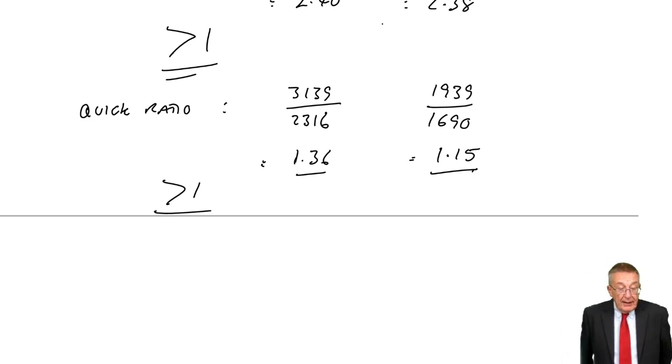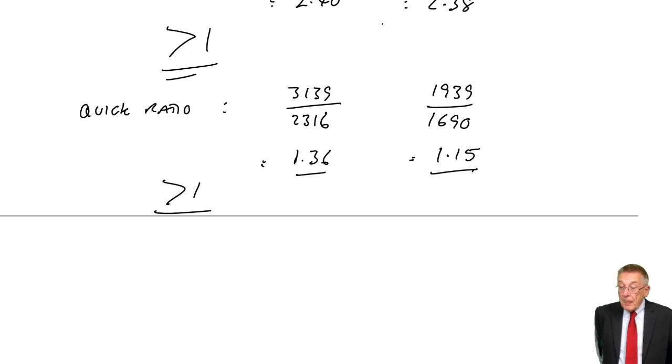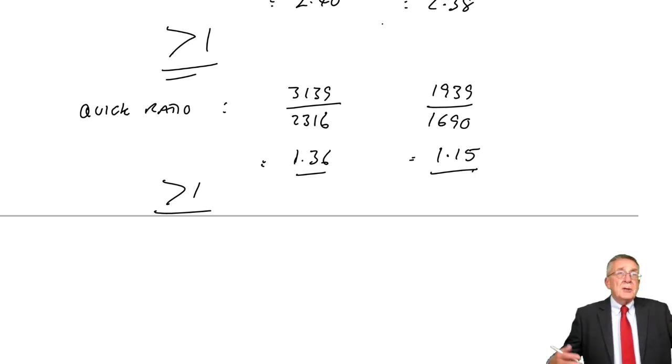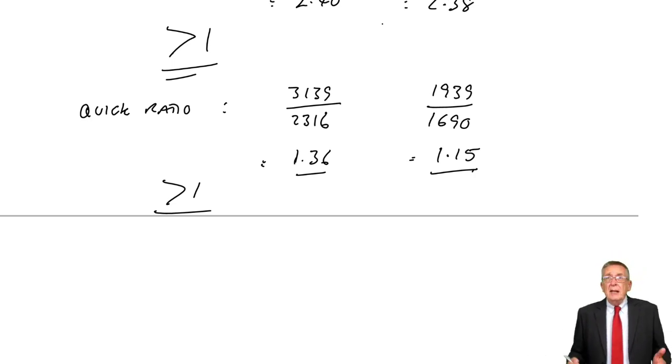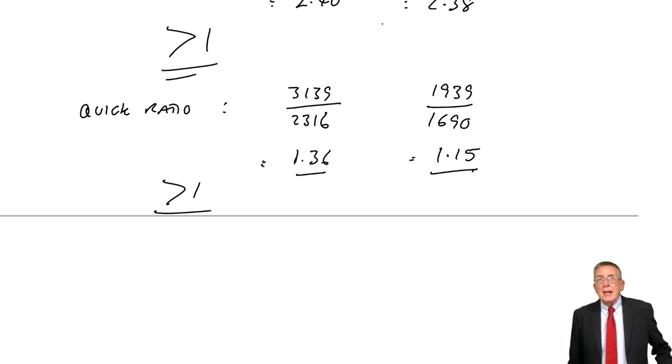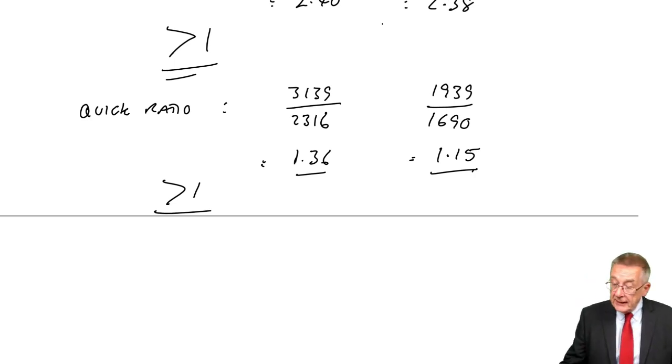What's next? You'll see next inventory days, receivables days, payables days. I said earlier that if the current ratio is very high, it could mean that we've got huge levels of inventory, more than we actually need, or we've got huge levels of receivables because we're giving them a long time to pay. Well, we can look at each of those in turn. And I've done them in a slightly different order.